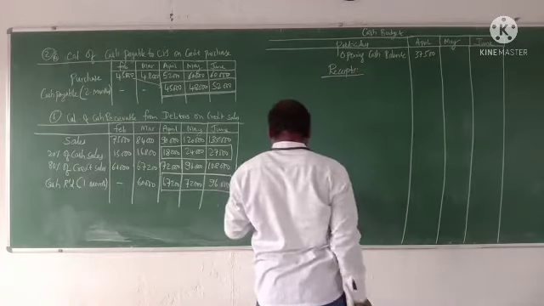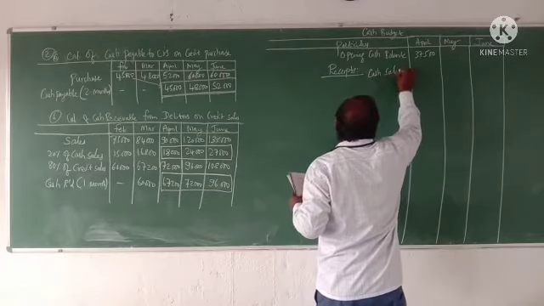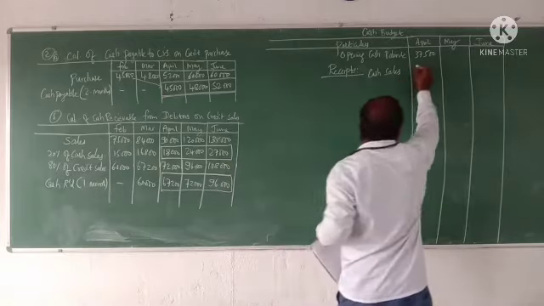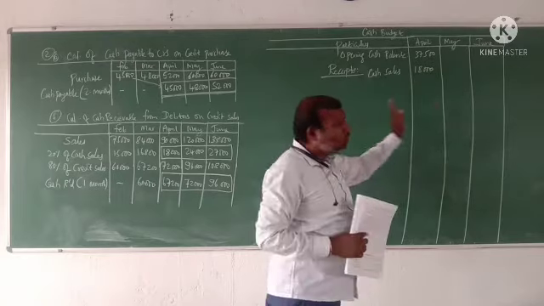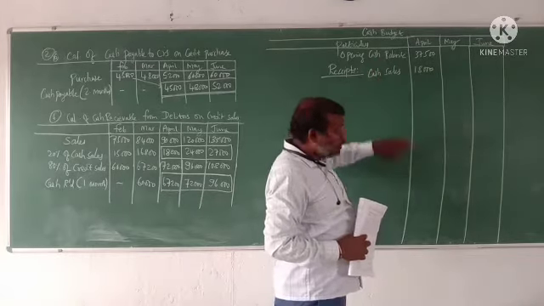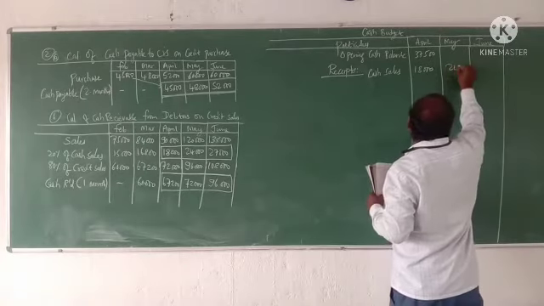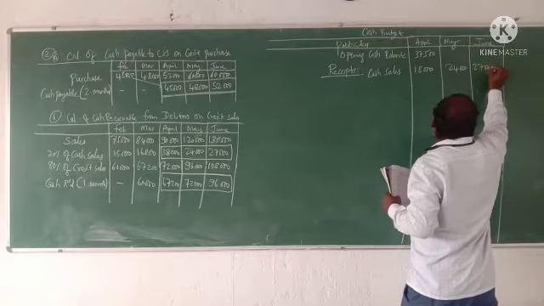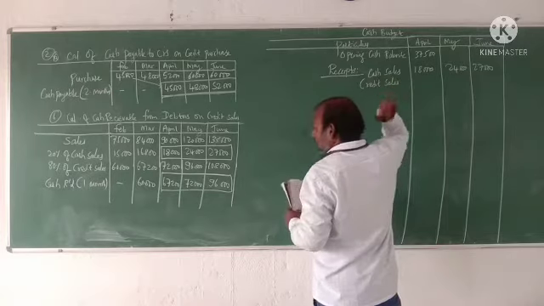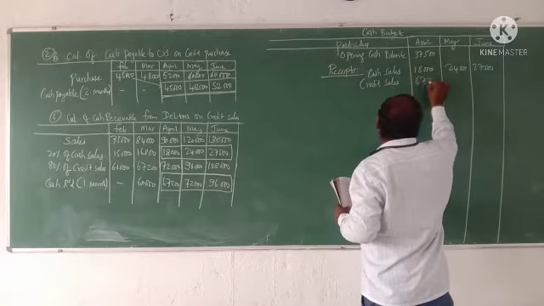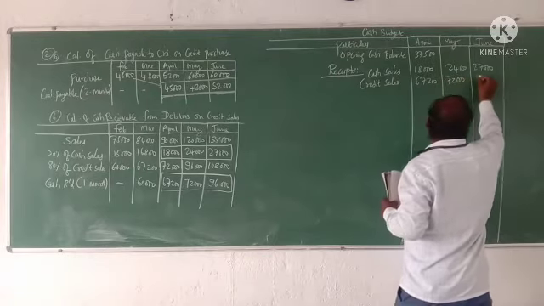Take the receipts. Cash sales. Already we calculated 18,000. See, while taking the receipts and payments, we can go horizontally. While taking the totals, we have to close vertically. Okay, 18,000, 24,000, 27,000. Credit sales 67,200, 72,000, 96,000.